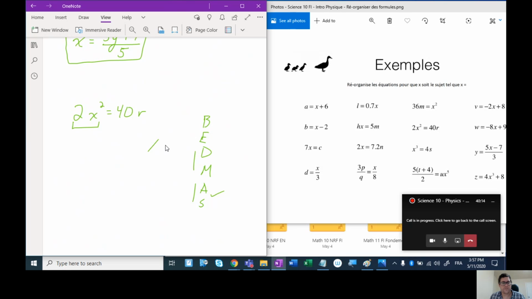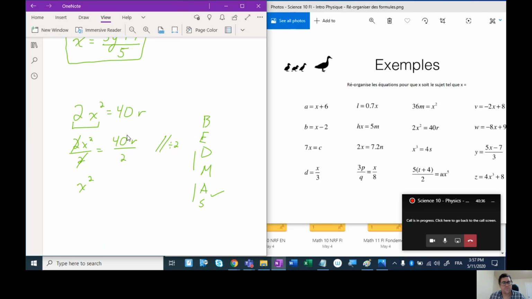We're going to divide by 2, right? Because it's being timed by 2. So 2x squared divided by 2 is equal to 40r divided by 2. 2's cancel out. You're left with x squared. Here, there's things canceling out.